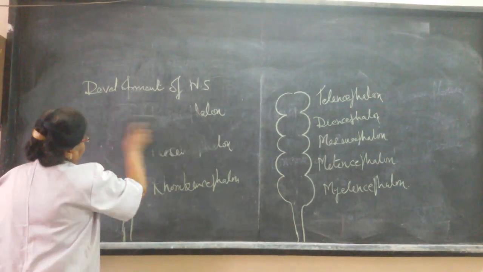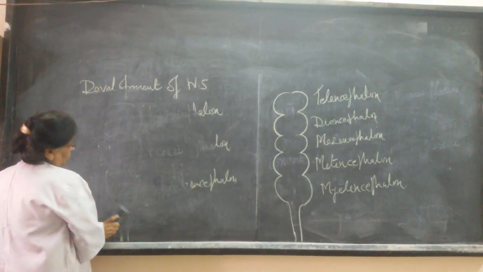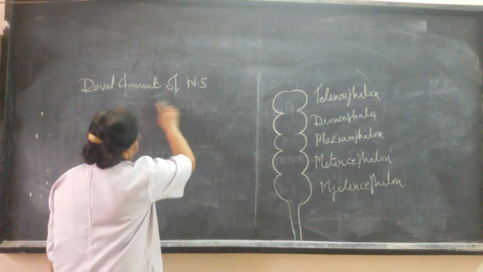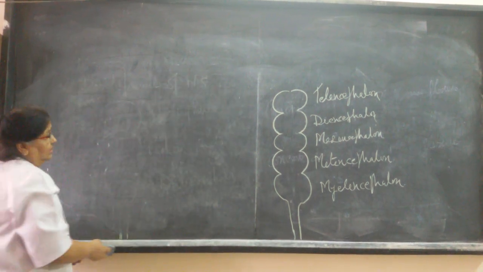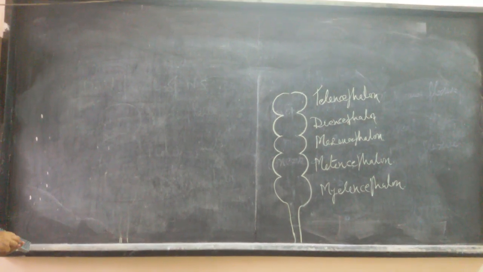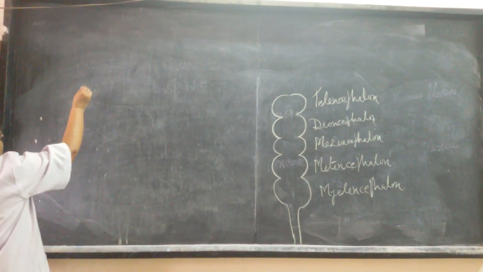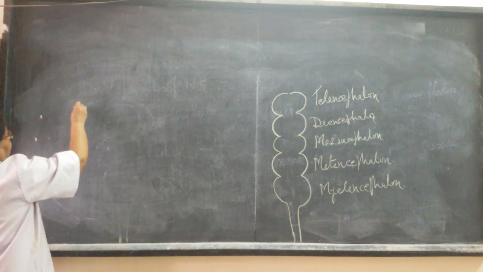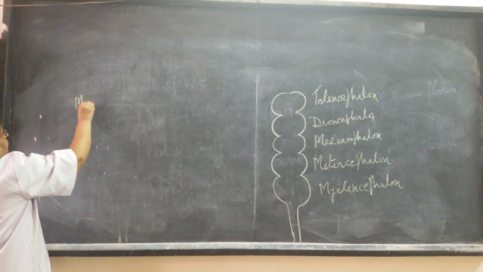The rhombencephalon. What is the future of the rhombencephalon? You know, the rhombencephalon is divided into two parts: the metencephalon and the myelencephalon.